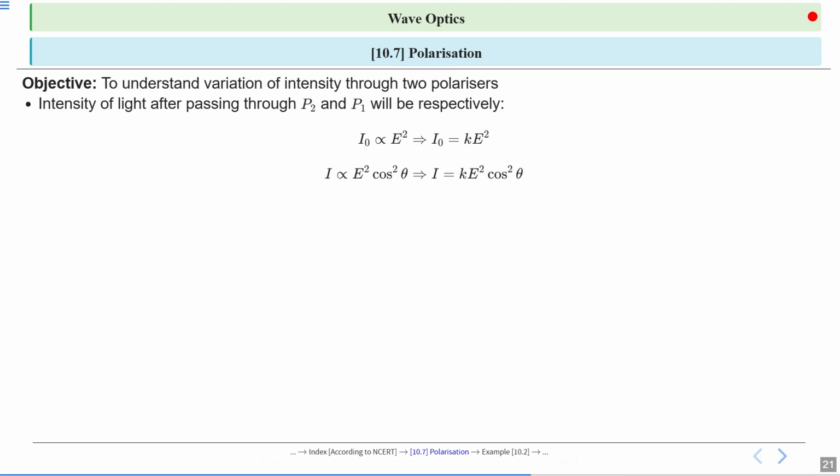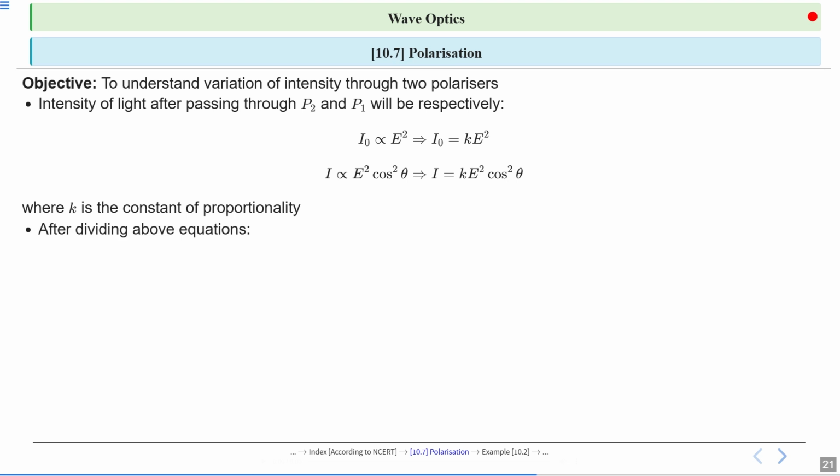After passing through a polarizer or analyzer, the intensity I is proportional to E square cos square theta, which is, after removing the proportionality sign, I equals k E square cos square theta, where k is the constant of proportionality. It's important to understand that k is a factor that relates the electric field to the intensity of light.